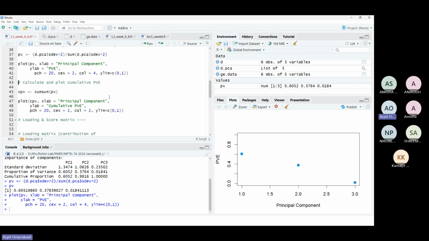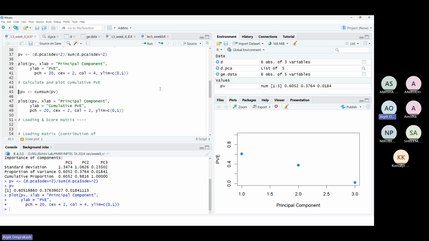Now, but this graph is not that clear most of the time. So what we do is we plot the cumulative proportion of variance explained. We can use the cumsum function in R to get the cumulative sum of the vector PV.